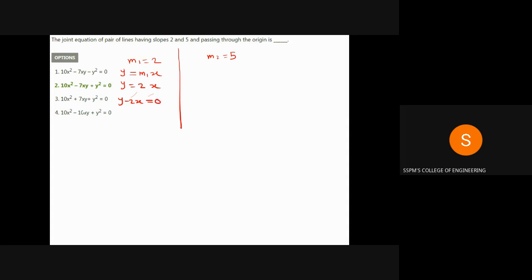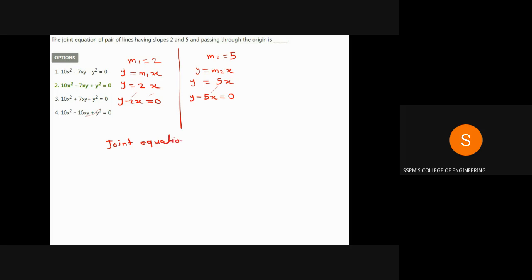This is the first equation. And for m2 is equal to 5, we can write y is equal to m2x, therefore y is equal to 5x, that is y minus 5x is equal to 0. So we get two equations here. Now we will find the joint equation. What will be the joint equation of them?